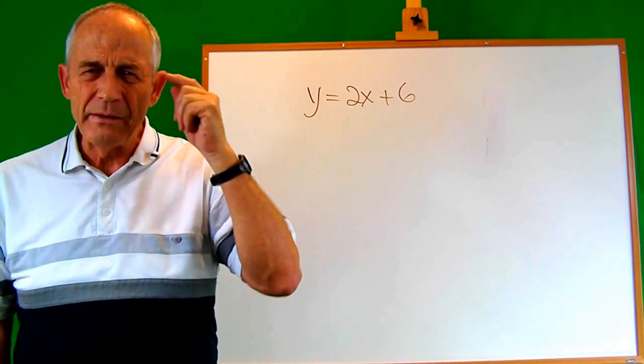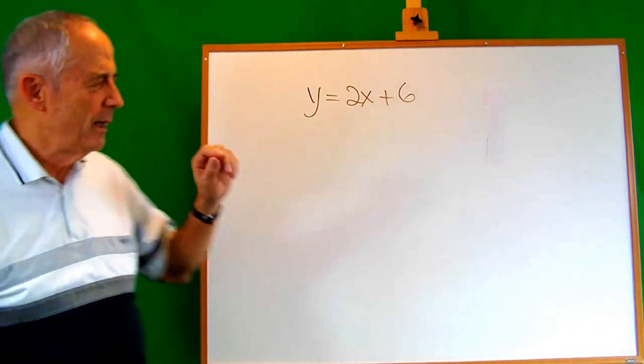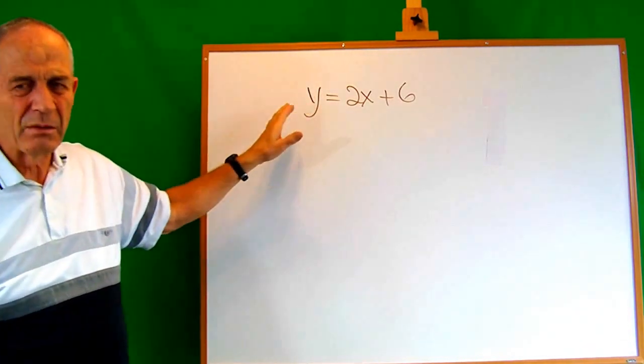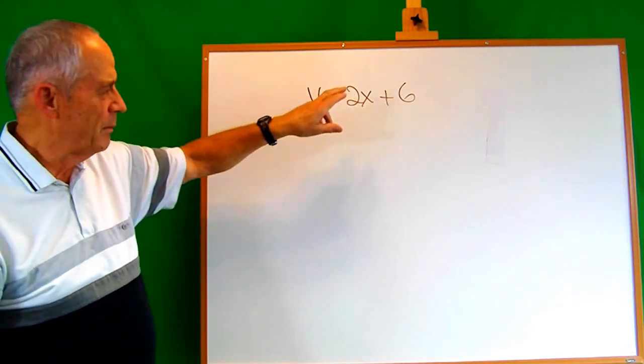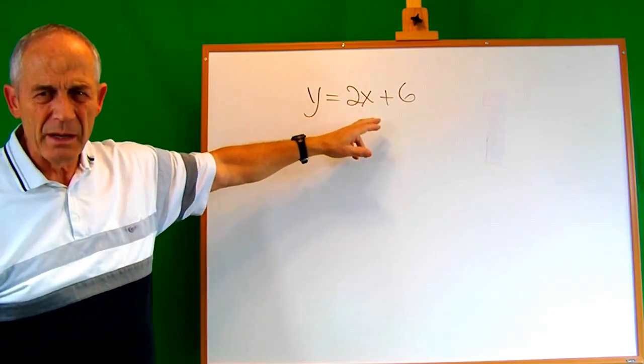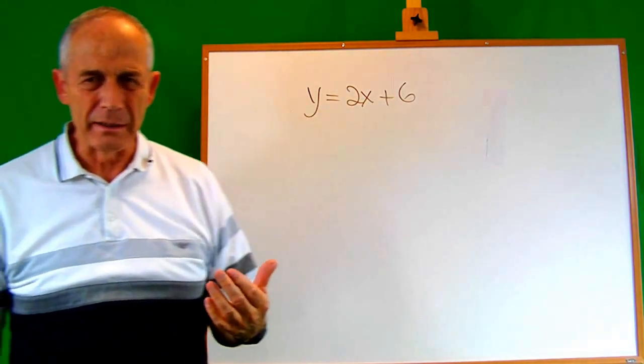So try to think this way because it will help you. This says that this number, whatever it is, will be found by multiplying 2 times some other number and then adding 6 to that product.